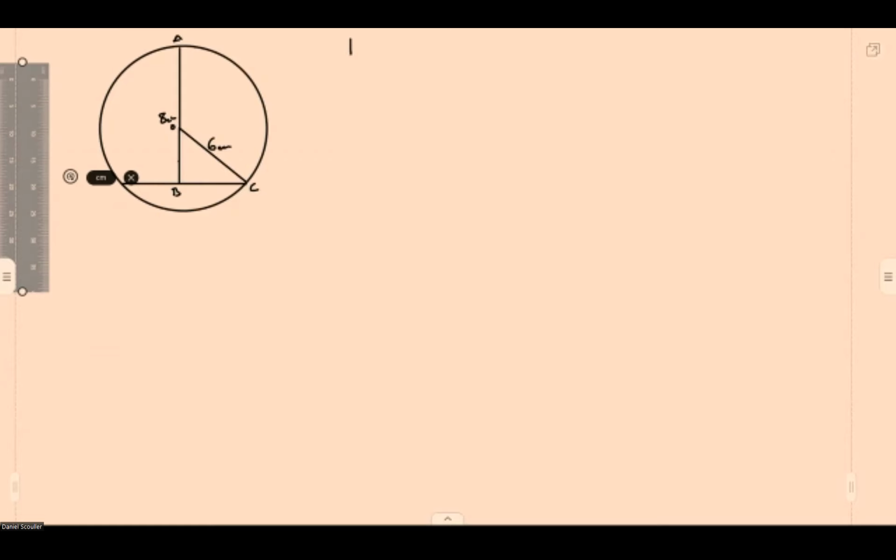Distance A to B equals 8 centimeters. So that's from the outside edge to the top of your chord. Distance O to C equals 6 centimeters.